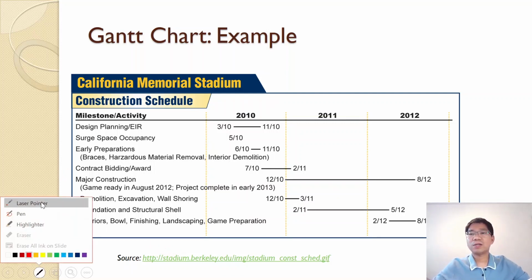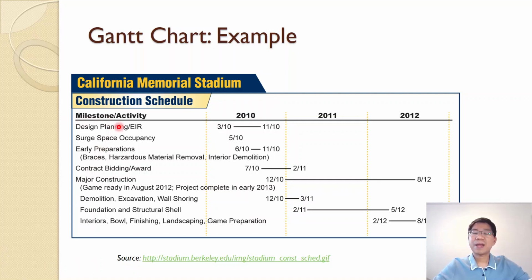As you can see, design planning, environmental review, and so on, until the finishing for the game preparation for college football, and the bar chart shows the timeline of when it is going to be completed. Those are the simple scheduling methods that I went over in these videos: the color graph and the Gantt chart.